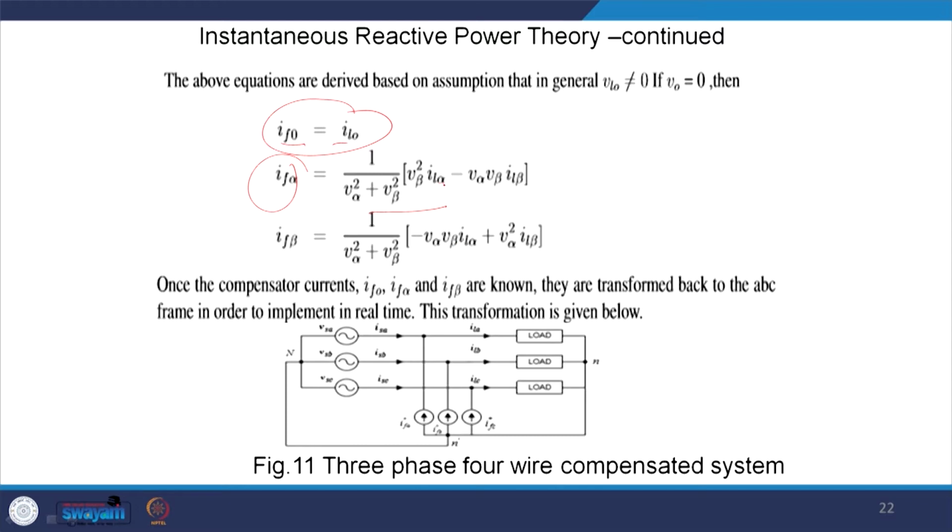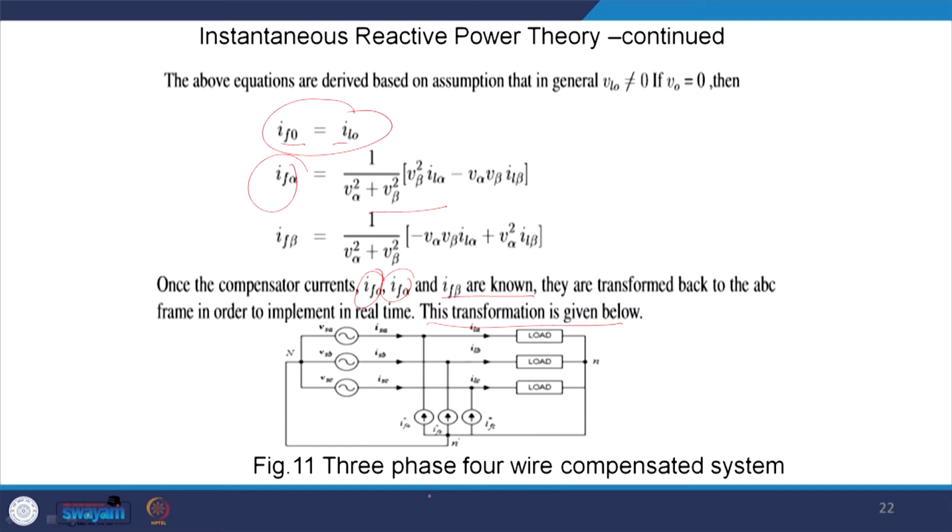It is beta square I alpha, it will be minus alpha beta into I L alpha, and this term will come here, but with the beta. So, once you correctly compute these compensator currents by this block, the zero sequence component, I alpha and I beta are known, they are transferred back again to the ABC frame to implement in real time, and this transformation is given in the next slide.